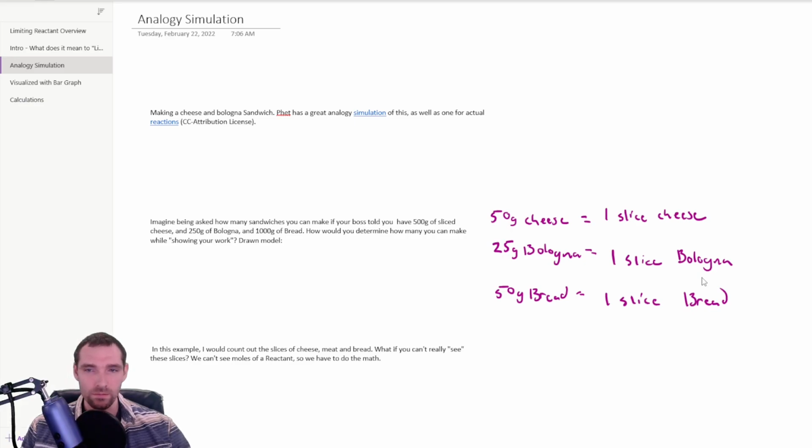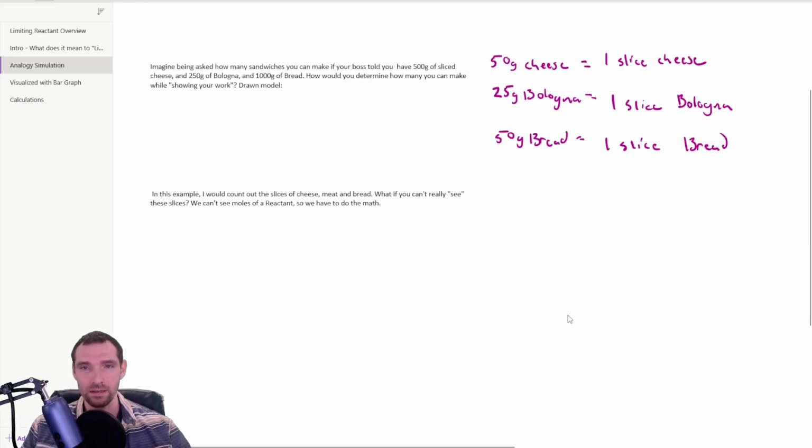So we have some amount of mass. We now need to figure out how many of these things we have. Also, keep in mind how many of them we need in the recipe, and that should tell us how many sandwiches we could make. Let's say we've got the 500 grams of cheese. I'm just going to do C for cheese.